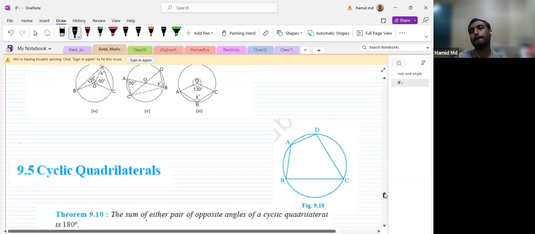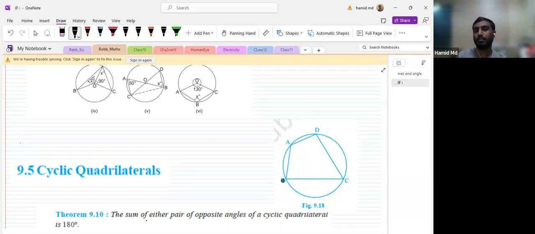The question we gave you, this BC was passing through the center, right? Yes, it was passing through the center. So I think that's why you got confused. Let me see. Yes, but that is also a quadrilateral.